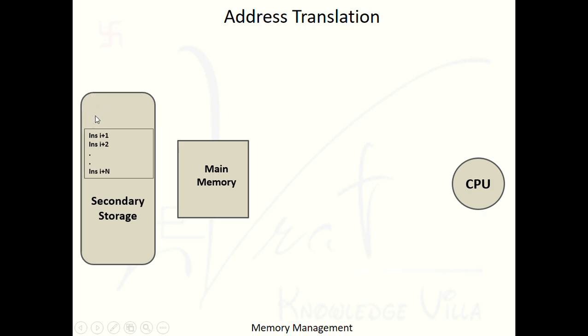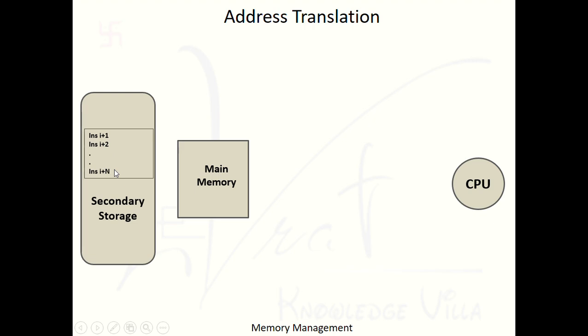Now we are going to store one more program with n instructions. Our program will start from I plus 1, then the next instruction is I plus 2, and so on up to I plus n.